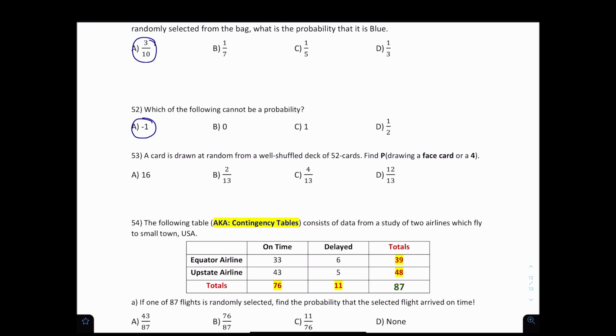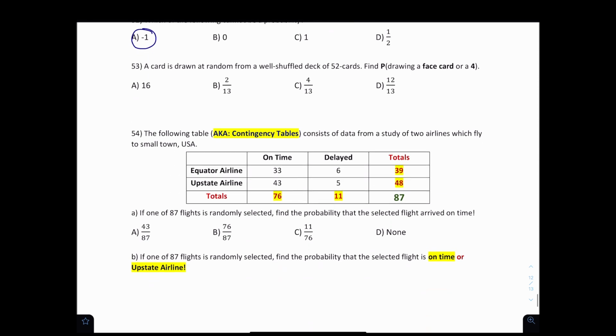For 53, a card is drawn from a well-shuffled deck of cards. Find the probability of drawing a face card or a 4. Well, probability of drawing a face card or a 4 is the probability of getting a face card plus the probability of getting a 4 minus the probability of the overlap of a face card and a 4, which we all know doesn't exist.